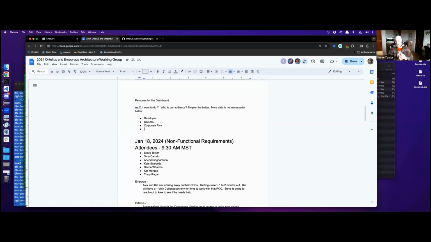Does that make sense? I personally think that you always need to have that executive dashboard, even if we may want to fight it. I think the executive dashboard's always important. So yes to that, Steve, personally.